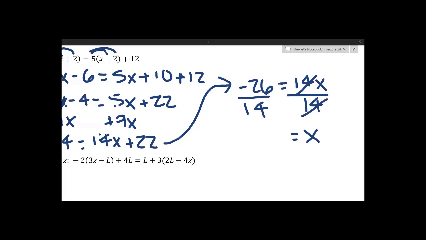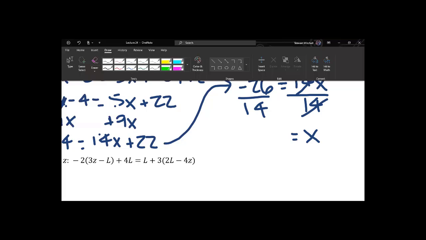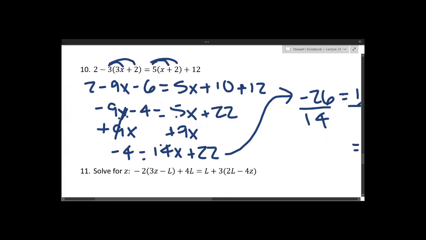And then negative 26 divided by 14 doesn't give us a nice whole number, but we can simplify this fraction. So, that has a common factor of 2, which would be 13. So it would be negative 13 over 7 if we got that common factor of 2 out to simplify it.